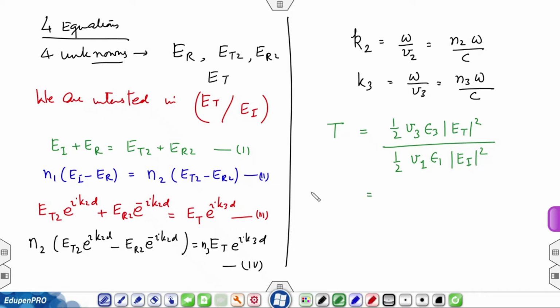which I can write using n square equals epsilon as n3 over n1 mod Et over EI square.